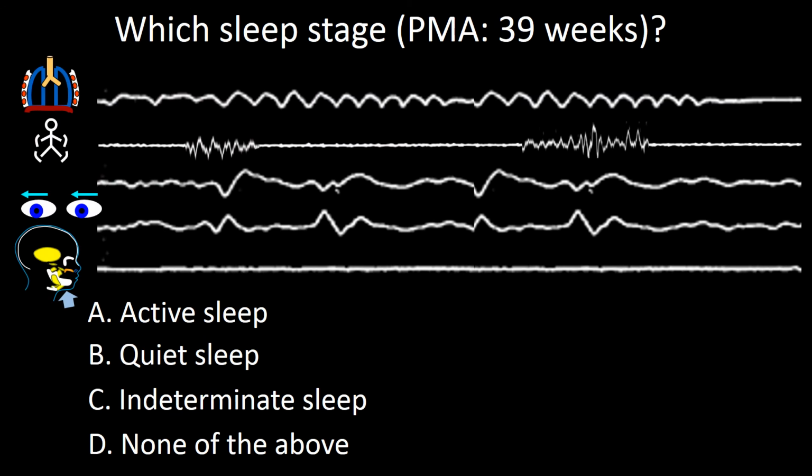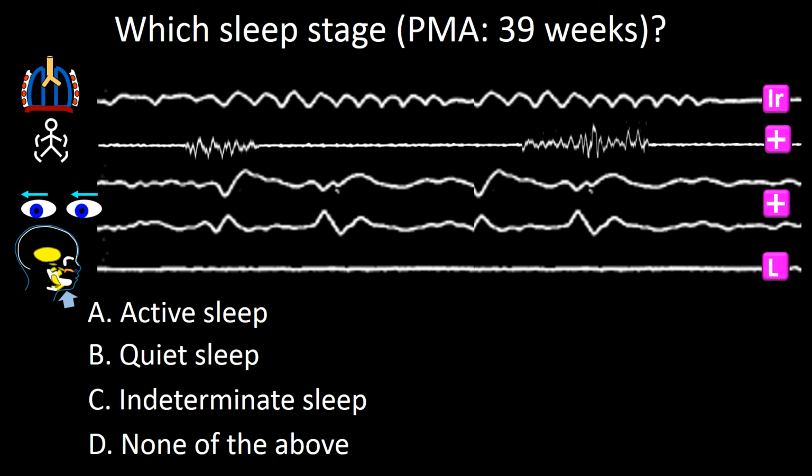Look at this frame and choose the best option. A, active sleep. B, quiet sleep. C, indeterminate sleep. D, none of the above. The way to answer this question is to label each biological parameter independently. Respirations are irregular. Limb movements are present. Rapid extraocular movements are present.